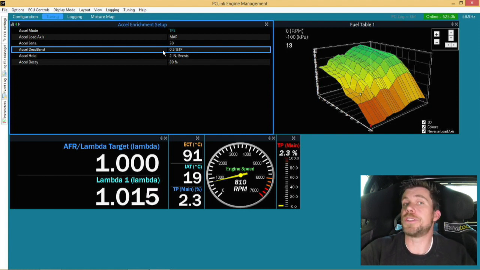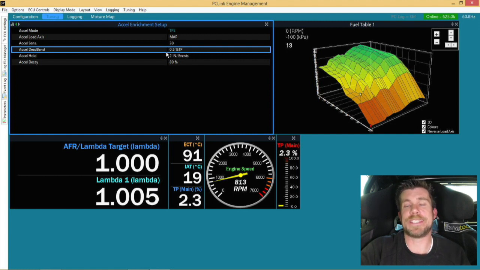That's fine if we're genuinely requesting a large change in throttle position, but often, particularly with an older car, or if we've got a faulty TPS or one with poor earthing, it's not uncommon even at steady state conditions to see the throttle position fluctuate very slightly. What that can cause is acceleration enrichment to be constantly pulled in, and it makes it very hard to tune the fuel table and get stable air-fuel ratios, because you're chasing against a constantly moving amount of acceleration enrichment, and that may not be immediately obvious. So I'm going to talk about how we can find out if that's happening.